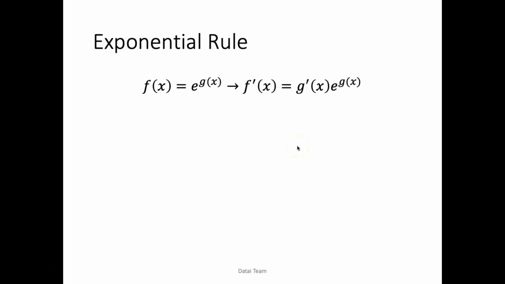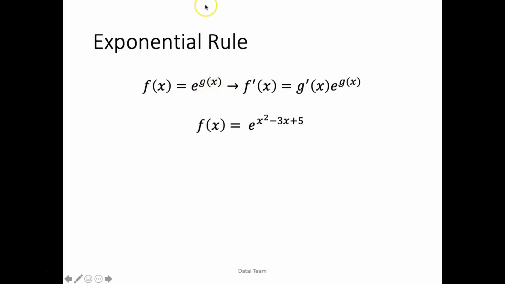Now let's continue with exponential rule. Let's say that f of x is equal to e to the power of g of x. Then the derivative of f of x is equal to the first derivative of g of x times e to the power of g of x. As you can see, this here stays the same, and you just add the first derivative of whatever this function is.